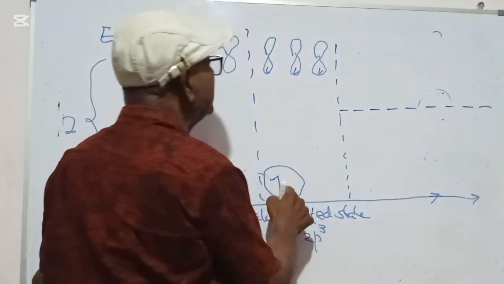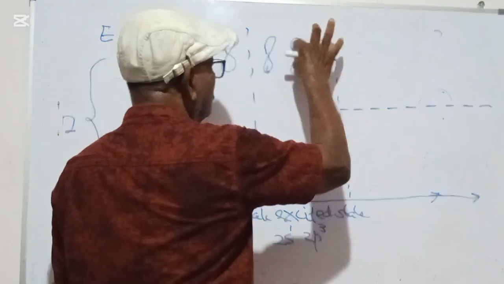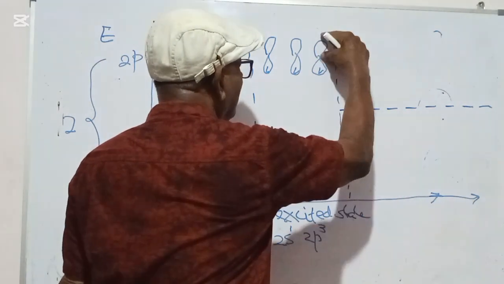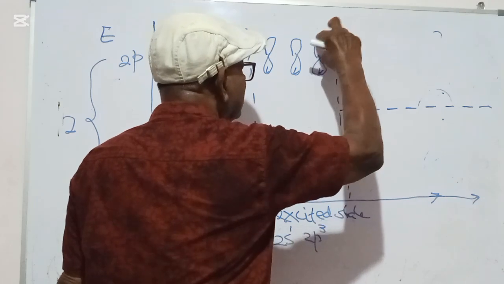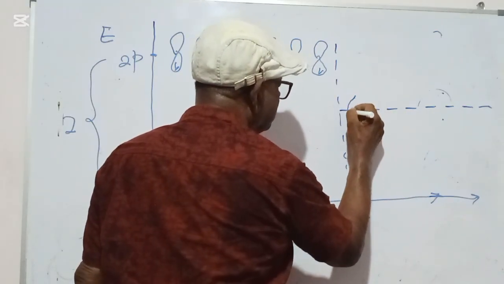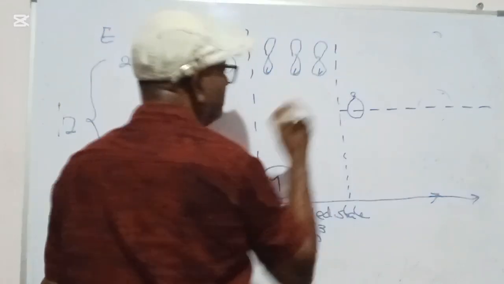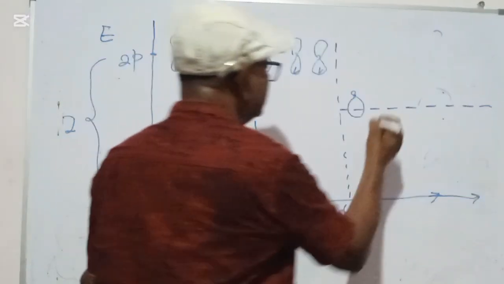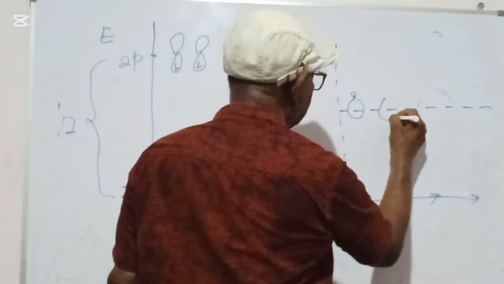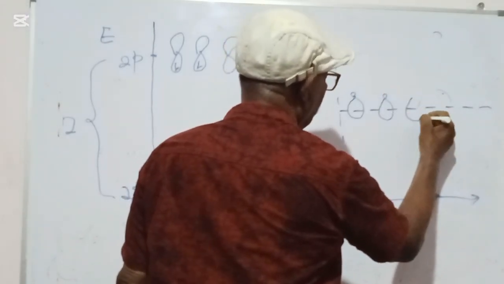Now shape also becomes a common shape. No dumbbell. The one lobe reduces. Only one lobe remains. This is the reduced lobe. These are the new shapes of the so formed orbitals.